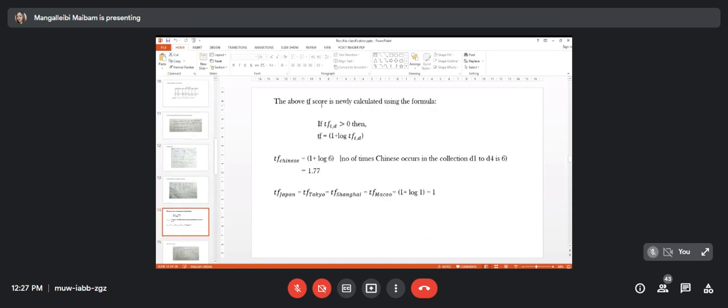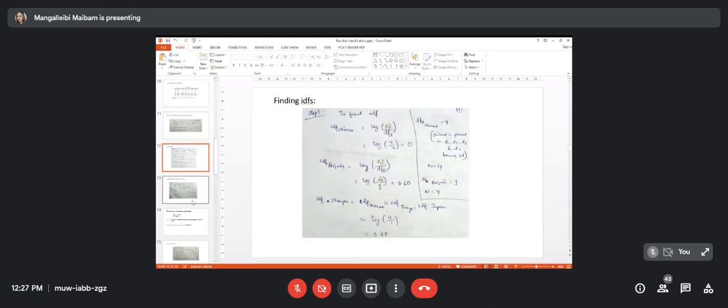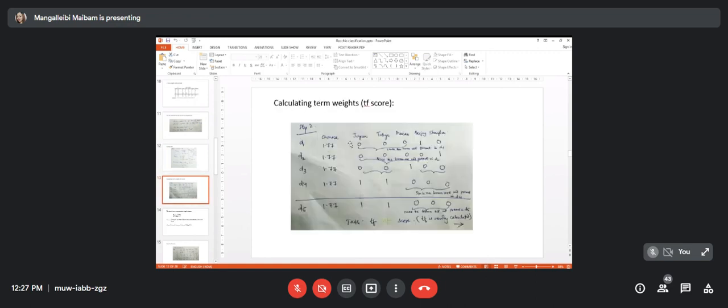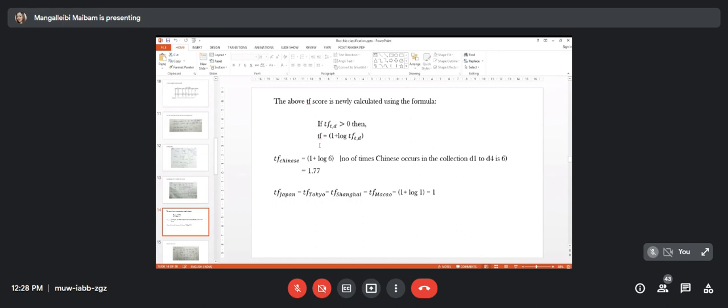The above TF score is newly calculated using the formula, because if your term frequency is greater than 0, then we calculate a new TF score. This is not the TF-IDF, this is the new TF score, and we are going to calculate it using this formula.